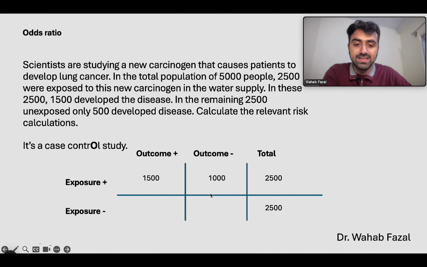Similarly, in the remaining 2,500 unexposed population, only 500 developed the disease. So these are outcome positive people, which leaves a remaining 2,000. So you have this beautiful 3 by 2 table. For the purposes of your exam, you make these 3 columns and 2 rows.